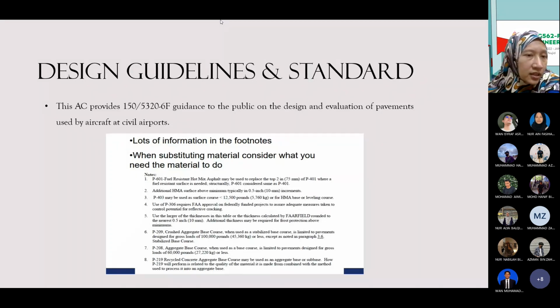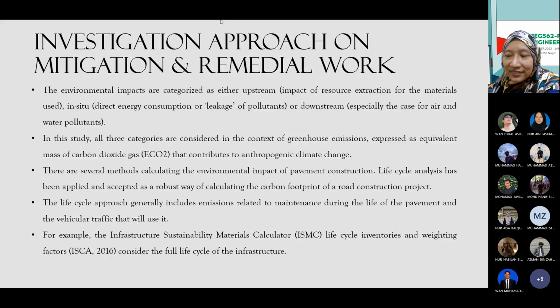So the next one is investigation instrumentation. Next slide. Okay, nanti share slide ni semua group mates tau. Nanti upload dalam YouFuture untuk minggu ke-11 learning activities.